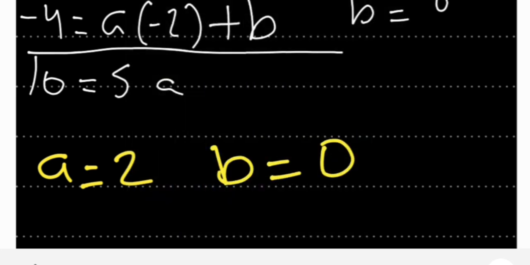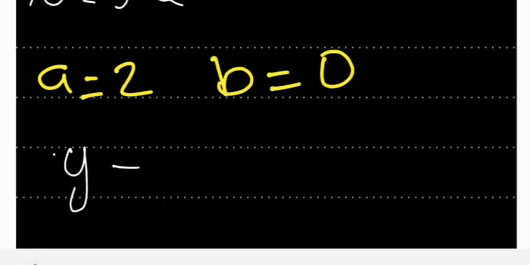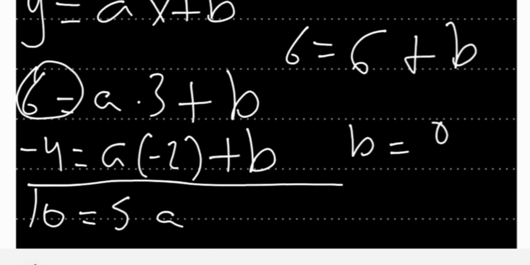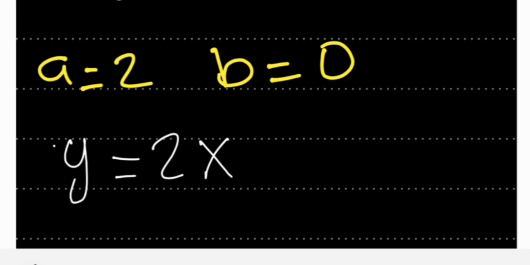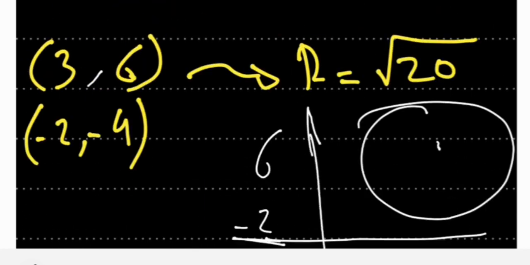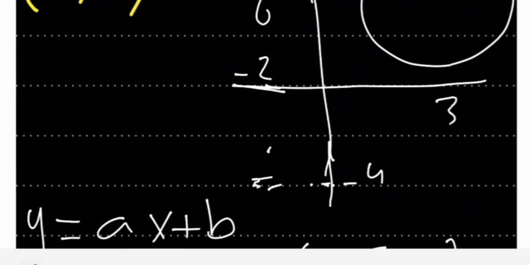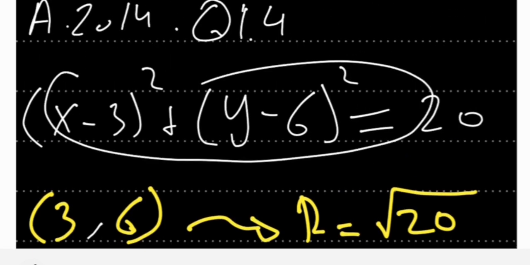So the equation of our line was y = a, which is 2, multiplied by x plus b, which is 0 here. Okay, so now we have the equation of our line, this line over here. So now I'm going to put the equation of this line in the equation of the circumference so that I can find 2 points.